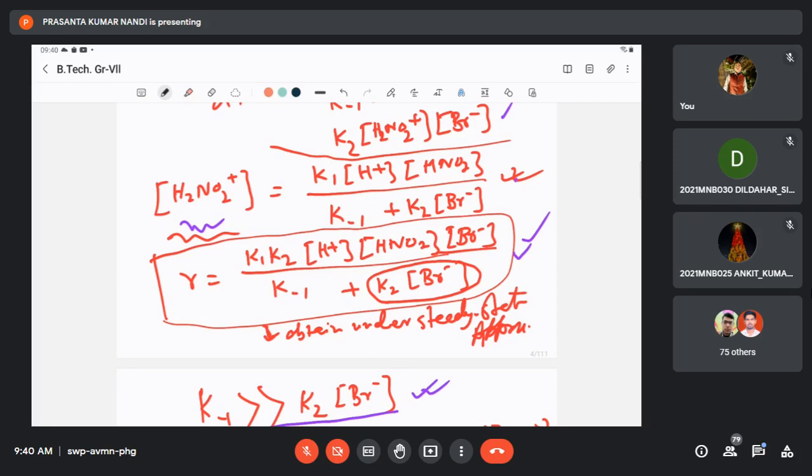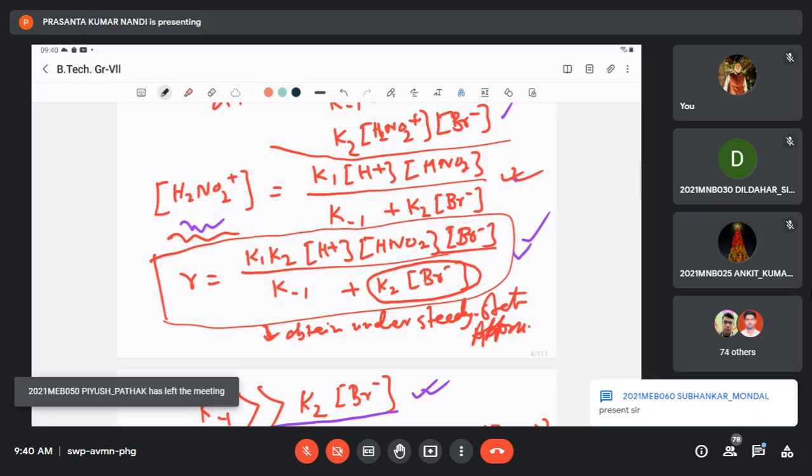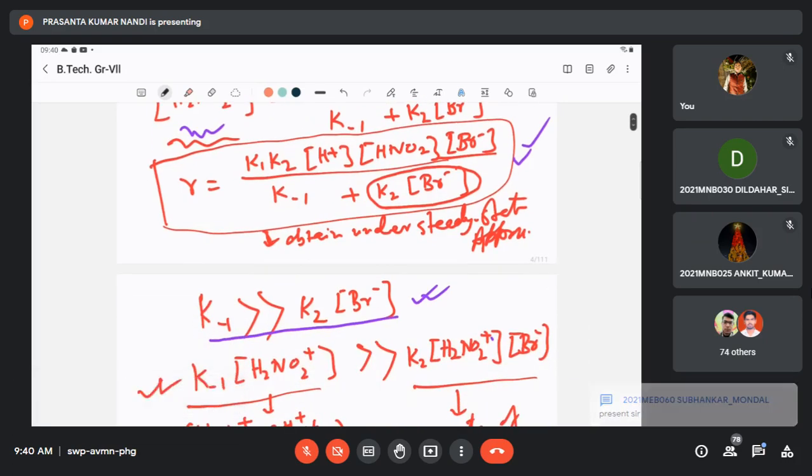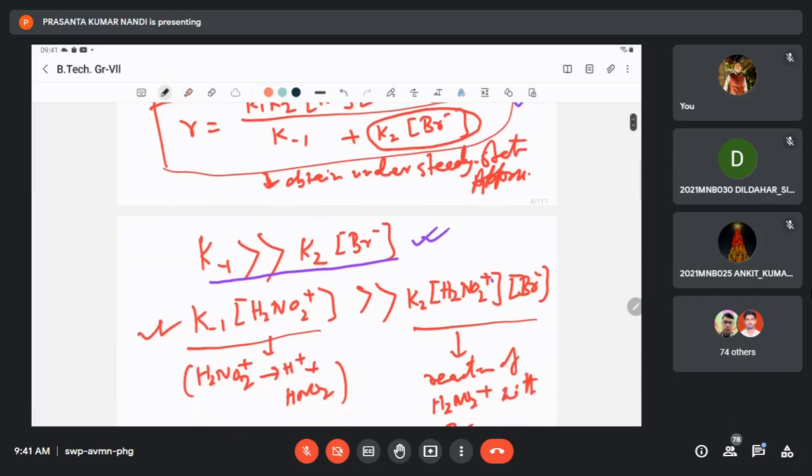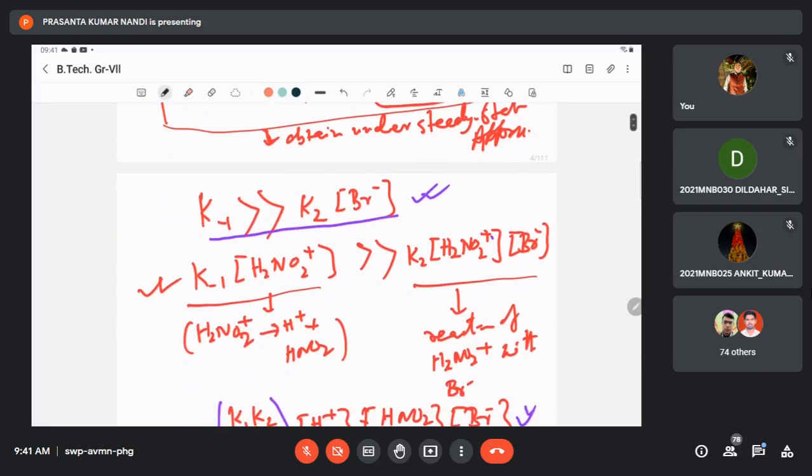This is nothing but the reaction of H2NO2 plus with Br minus. This is the rate, and the first one is the rate of decomposition of that intermediate. The second step we have taken much slower compared to this one.